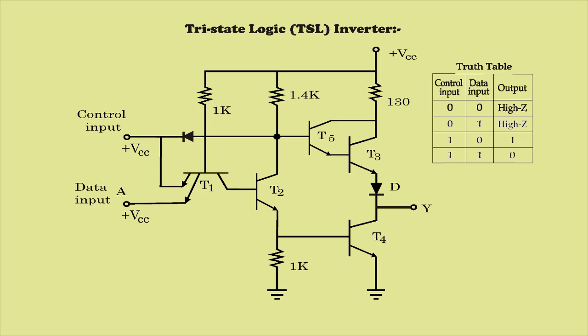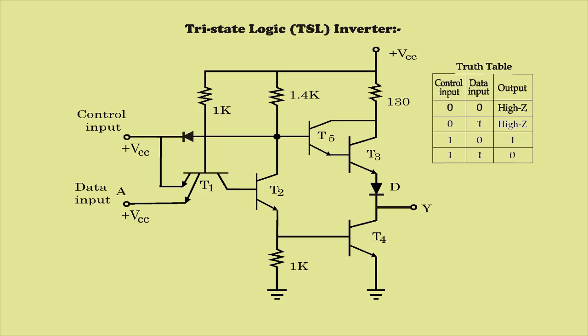So we can summarize this truth table as: if the control input is connected to logic low, then the third state arrives here, and that third state is called the high impedance state. When the control input is connected to logic low, it will not have any effect whatever the data input A is connected to.